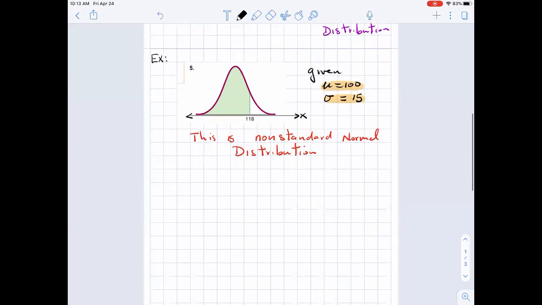So how do we move from this picture here to this standard normal picture? Well, this is X equal over here.